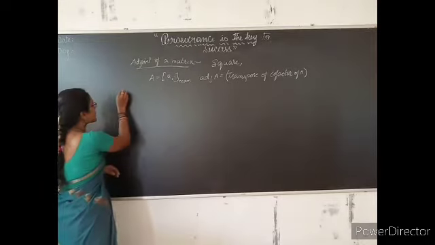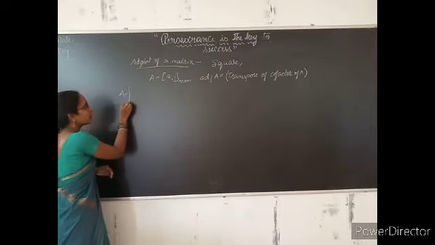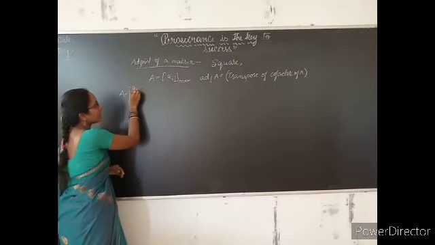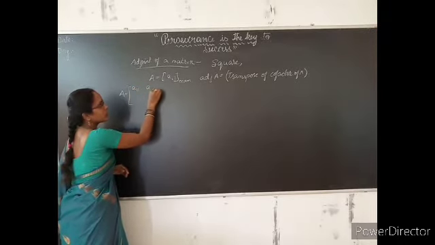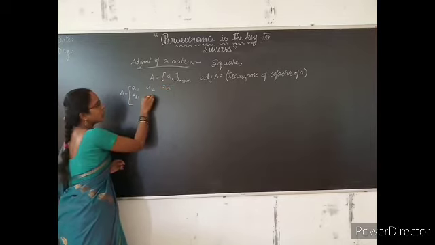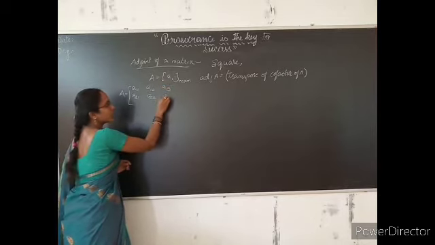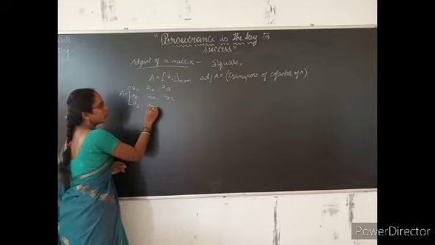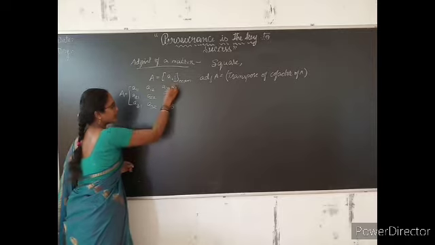In general, suppose A is the 3 by 3 matrix with rows a11, a12, a13; a21, a22, a23; a31, a32 and a33.